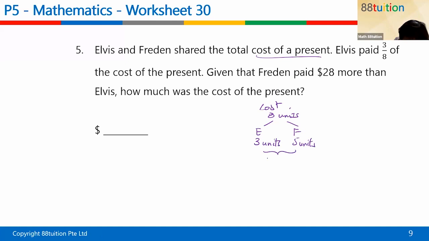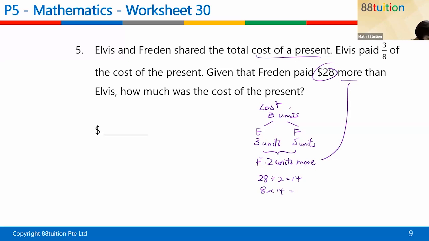So the difference is 2 units. Who has more? Frieden, 2 units more. And we call this the difference. And this is 28 divided by 2 is equals to 14. And I need 8 times 14 because I need to look for 8. So 14 times 8 should be 112.